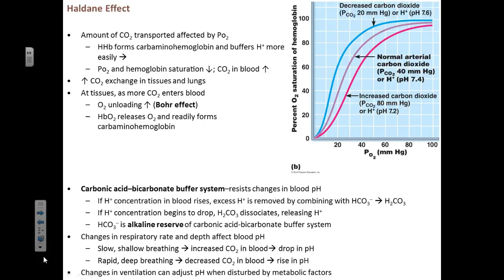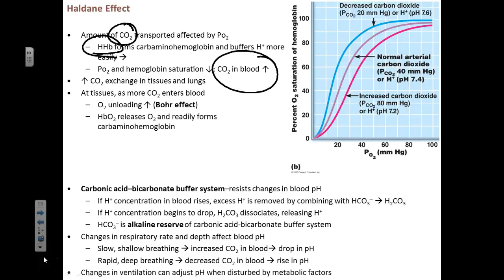Now, the Haldane effect is what we have discussed, okay? The higher concentration of CO2 leads to higher numbers of deoxyhemoglobin, higher unloading, and that actually increases the CO2 transport by the blood.